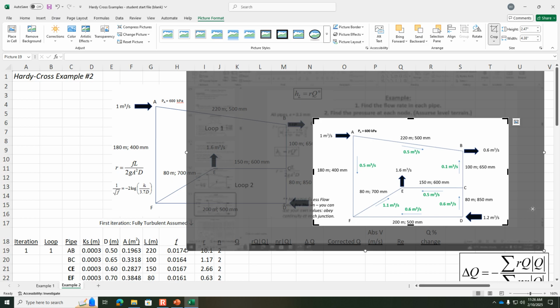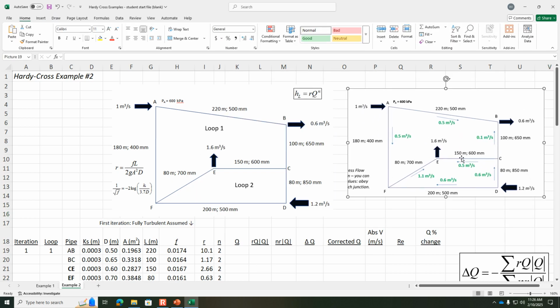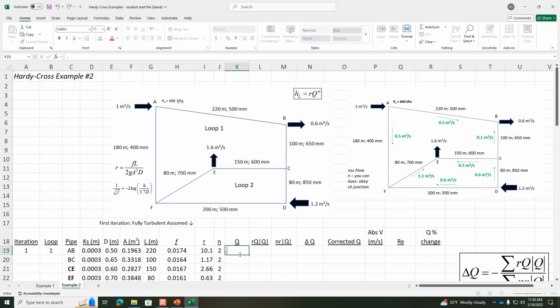All right. So I'm going to put in my flow rates, assuming that clockwise is positive. And do you remember what we've talked about there? So for example, AB is a flow rate of 0.5 cubic meters per second, and that's going in the clockwise direction within the loop. So when I put in the Q, I'm going to say positive 0.5, whereas BC, if you look at BC, that's against the clockwise direction, and so that's why I'd say negative 0.1.